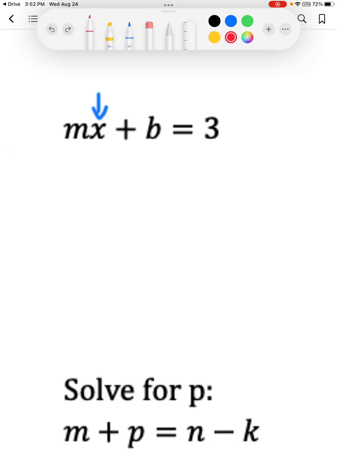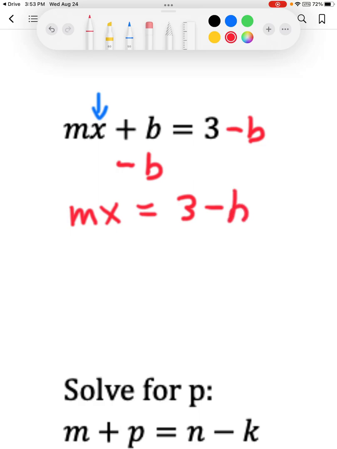In this case, we are adding the b to the x. So to undo that, we would simply subtract b from both sides, giving us mx is equal to 3 minus b. Now, once again, we don't necessarily know what 3 minus b is, but we have followed the rules of math, so this is all perfectly legal to do. From here, we need to get rid of the x.